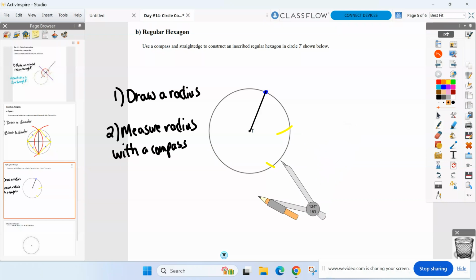Okay, I have 1, 2. Let's keep going around the circle. 3. 4. And now here comes 5 and 6.